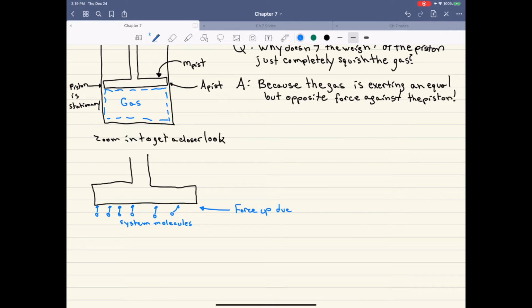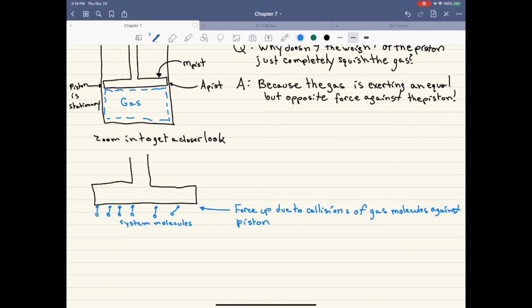That's due to collisions of gas molecules against the piston. So the gas molecules are moving upwards, and when they hit the piston, they impart a force that goes upward. Now, of course, the piston isn't flying upwards to infinity.